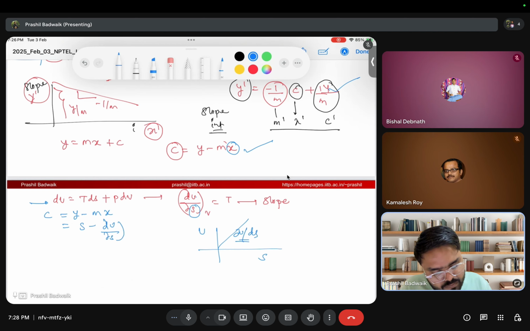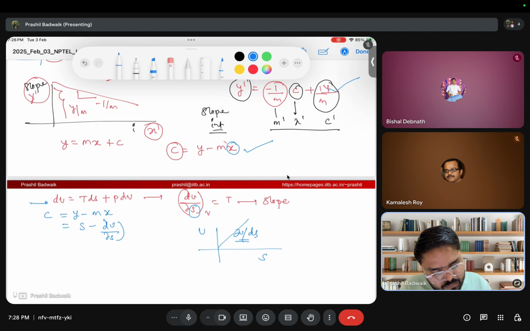d of u minus of ts, which is equal to du minus tds, and then minus sdt, correct? And what is du? Du is equal to tds plus pdv, minus of tds minus of sdt.